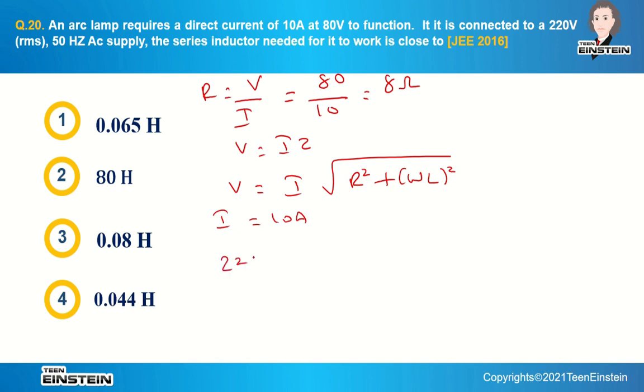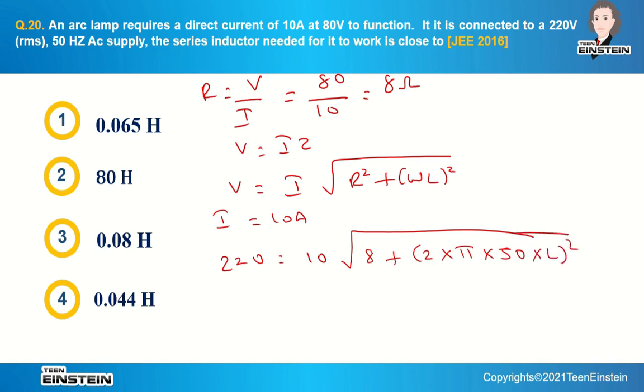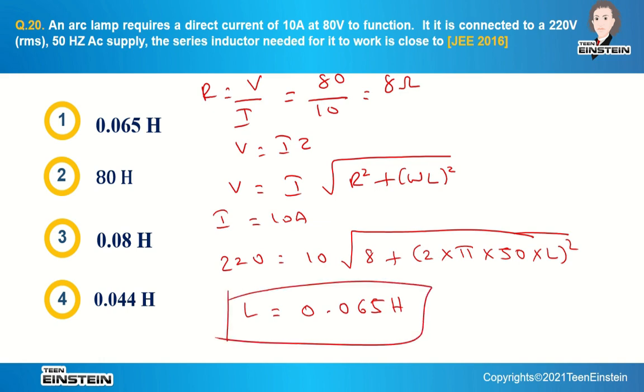So it will become 220 equal to 10 root of 8 square plus 2 into pi into 50 into L the whole square. When you solve this, you will come to a value of L as 0.065 Henry. So the inductance value is 0.065 Henry. So the correct answer is option 1.